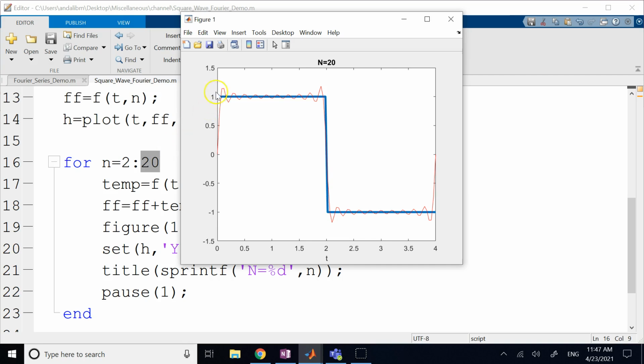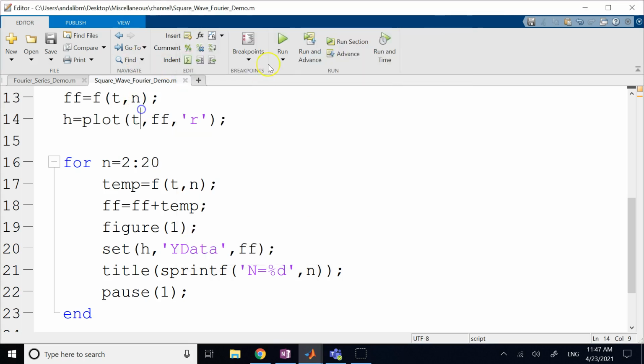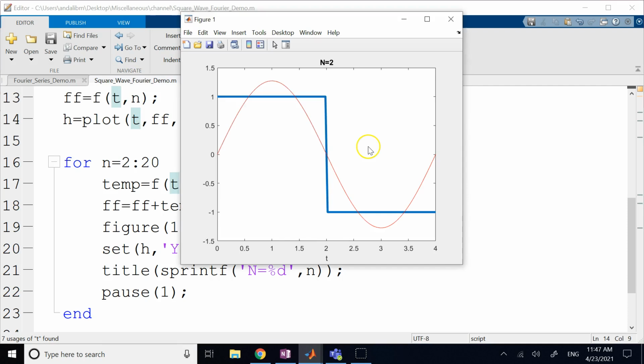Now, a few things. Let me run it one more time so you can see it. One is that as the number of harmonics increases, the amount of ripples in the flat areas, the plateaus of the function, is increasing.